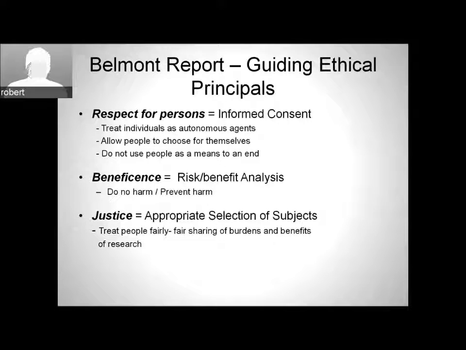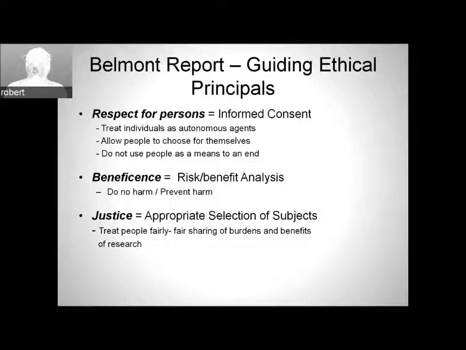Let's go back a little bit to the Belmont Report and the guiding ethical principles that provide oversight to all research that is done and are the foundation for what an IRB will look at when reviewing your protocols. The first one is respect for persons, which essentially is informed consent.